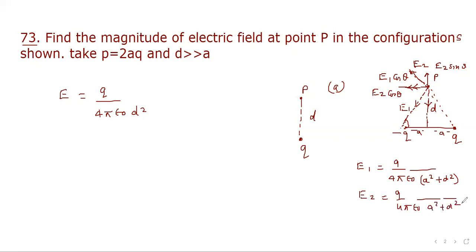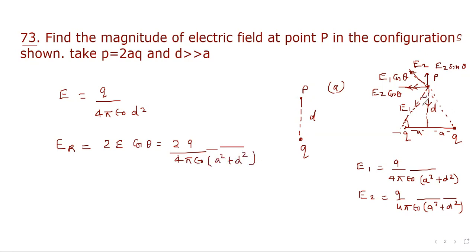So in magnitude, the two are equal, so we can write E1 equals E2. Here it is obvious that only the cos theta components are added and the sin theta components will get cancelled. So E resultant will be equal to 2E cos theta, so twice of E, which is Q upon 4 pi epsilon naught (a square plus d square), times cos theta.